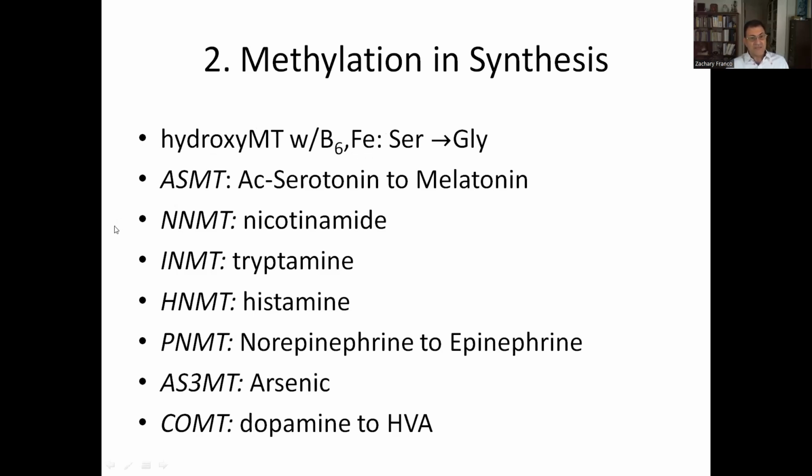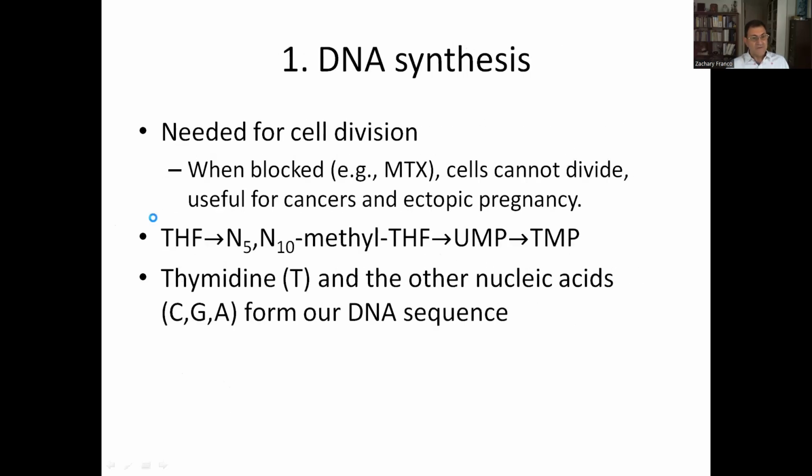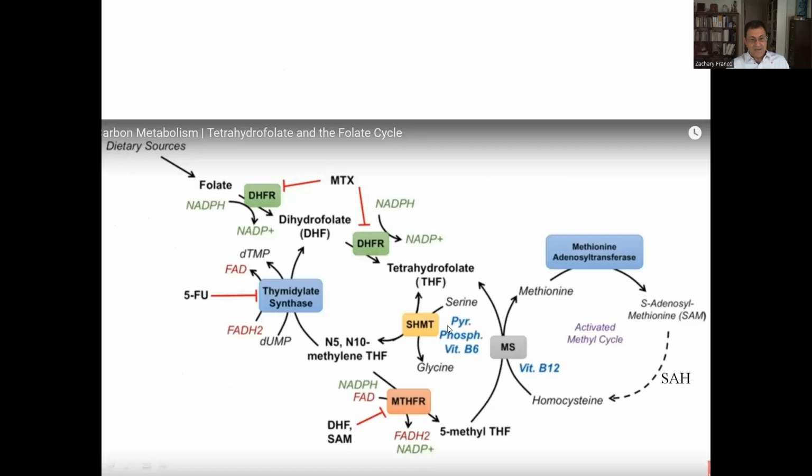So if we go back to the picture, I'll show you where this reaction is important. It's right here. Remember I said tetrahydrofolate gets methylated to this key player in the middle. Well, in order for that to happen, the same enzyme basically has to convert serine to glycine. And I said already that that involves vitamin B6 and iron.